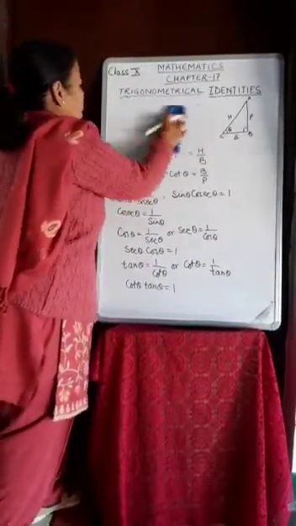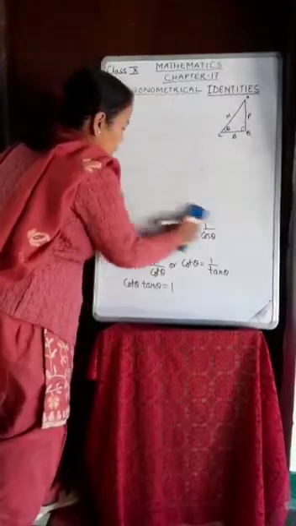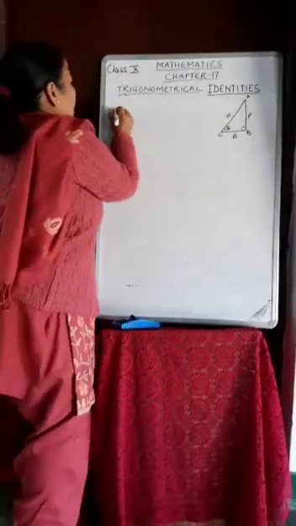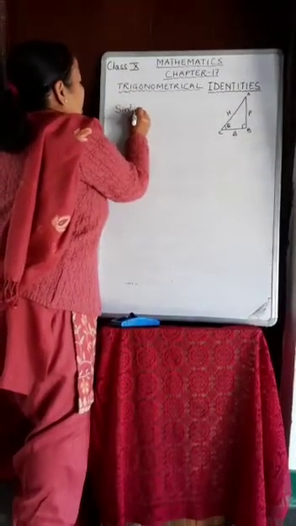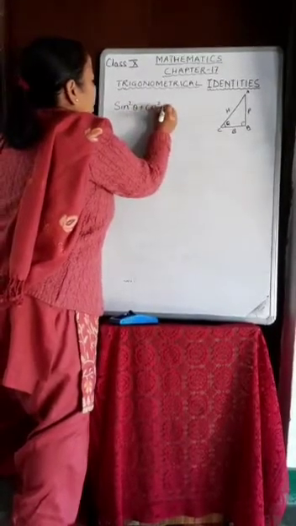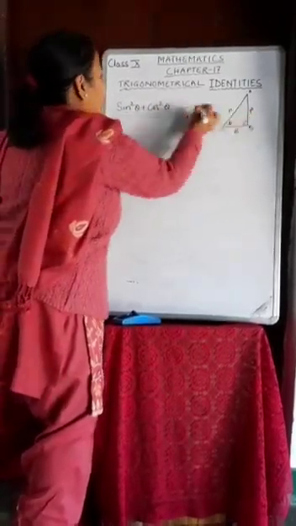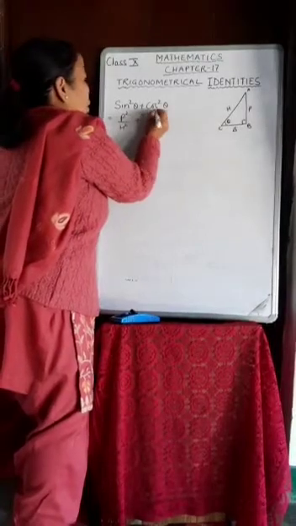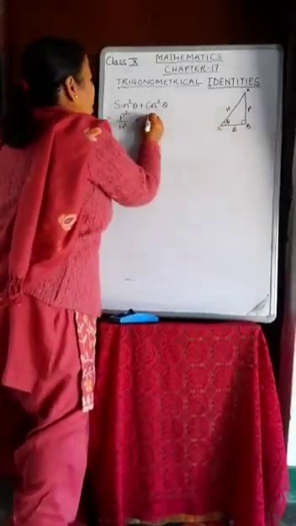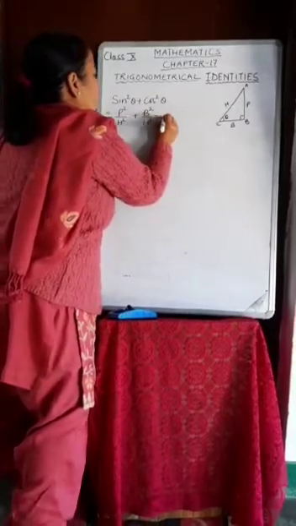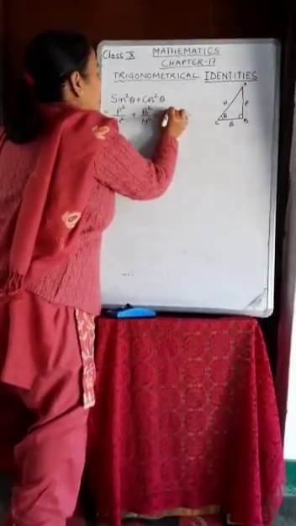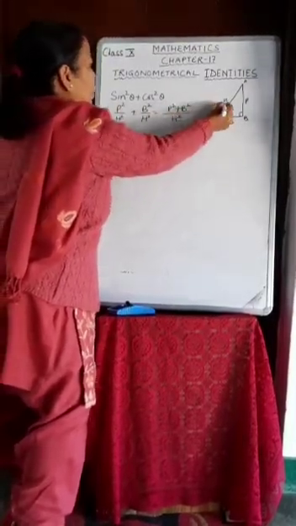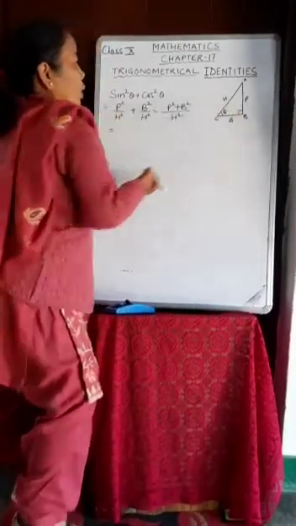Now the next one is the square relation. Take sine square theta plus cos square theta. As we know that sine theta equals P upon H, so sine square theta is equal to P square upon H square. Cos theta is B upon H, so it will be B square upon H square. If we take the LCM, this becomes P square plus B square, and through the Pythagoras theorem we know that the square of the hypotenuse is equal to the sum of squares of the other two sides.